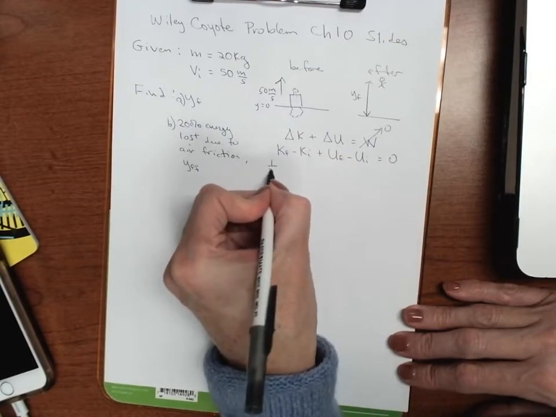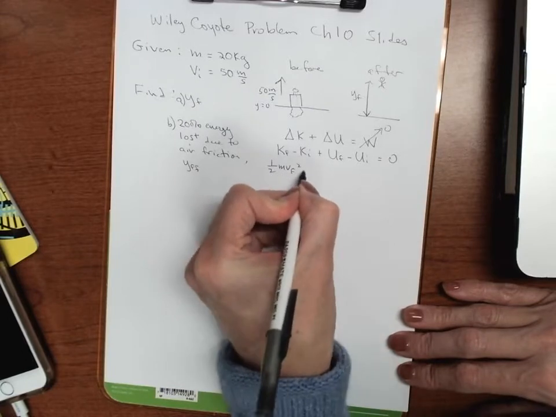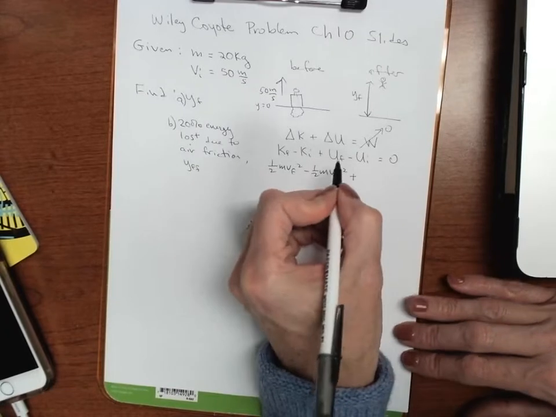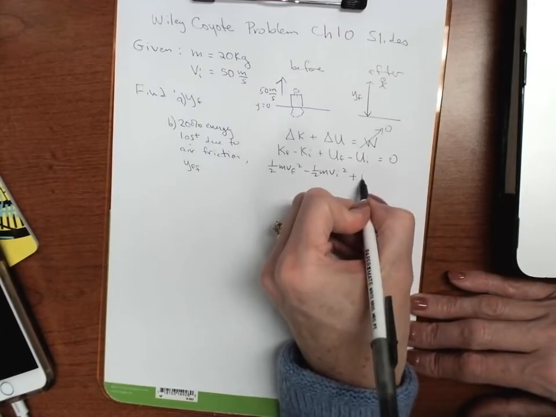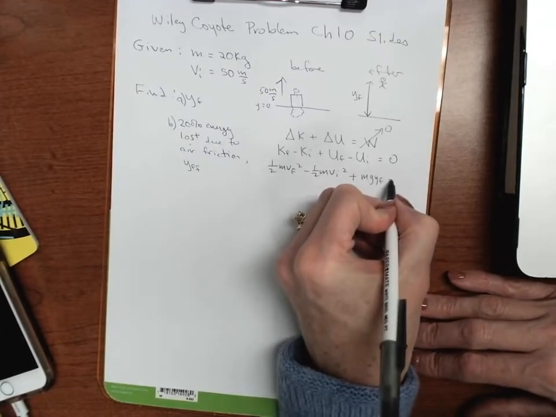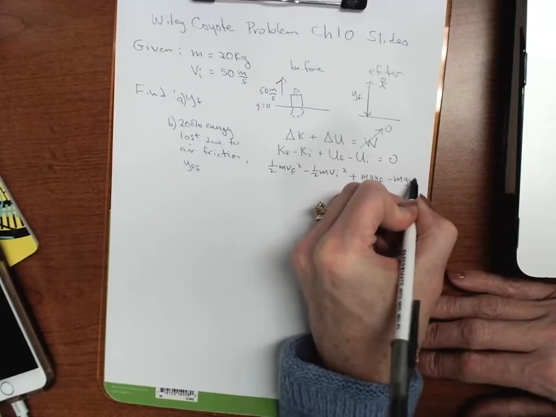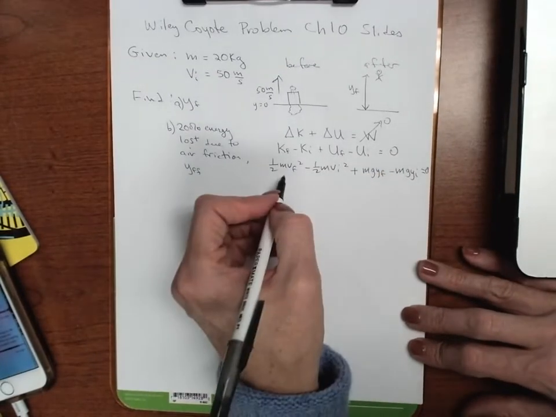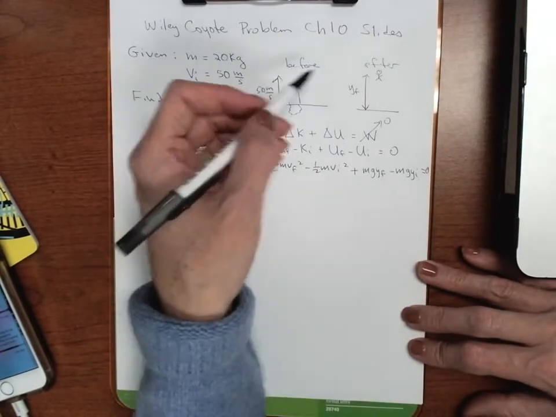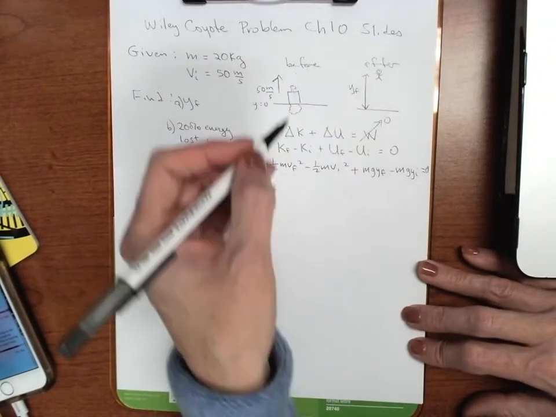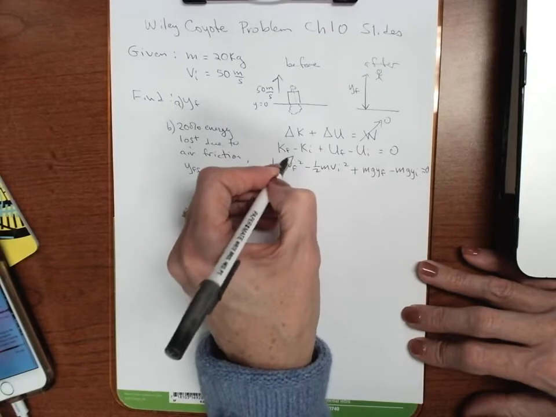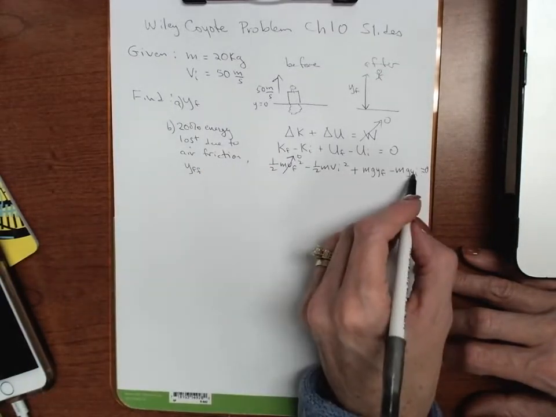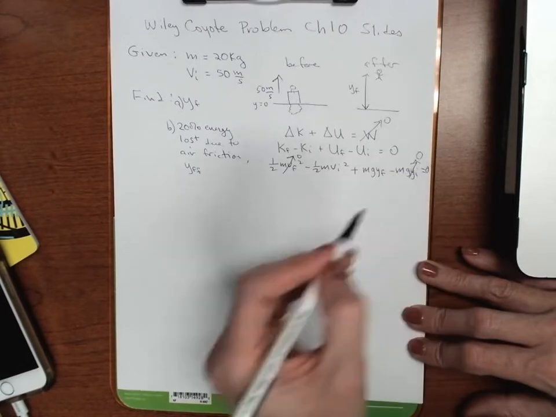And this is going to be 1/2 mv final squared minus 1/2 mv initial squared plus mgy final minus mgy initial equals 0. And so thinking about this, when he reaches the top here, he's going to have 0 final velocity, so that's going to go to 0. When he starts out, his y initial is going to be 0, so that's 0.